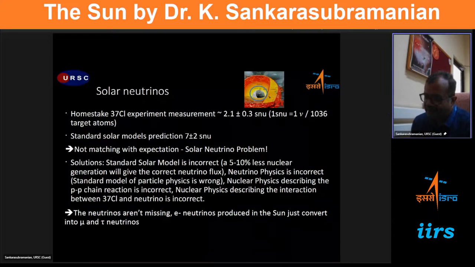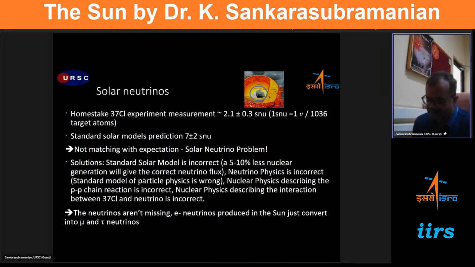Finally, the solution was in the missing neutrinos. Neutrinos come in 3 different flavors, whereas the Homestake experiment was detecting only the electron neutrinos, missing the other 2, the mu and tau neutrinos, and hence what you are detecting is 1/3 of the neutrinos.